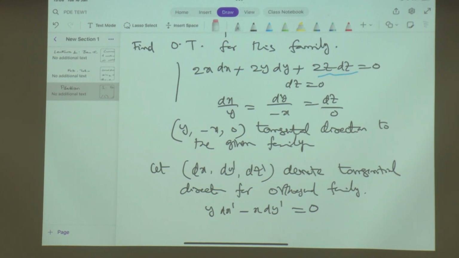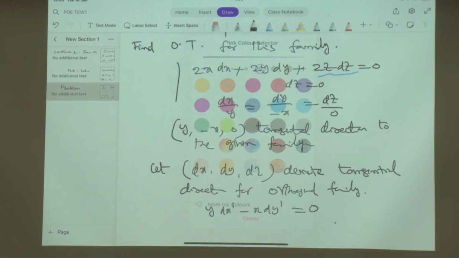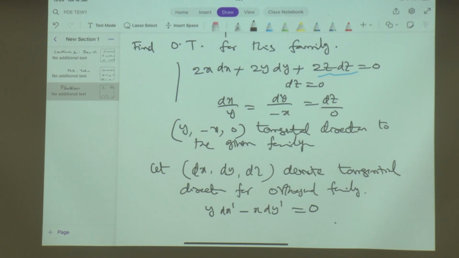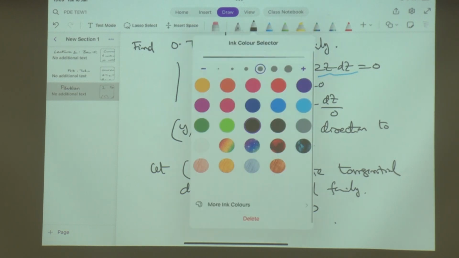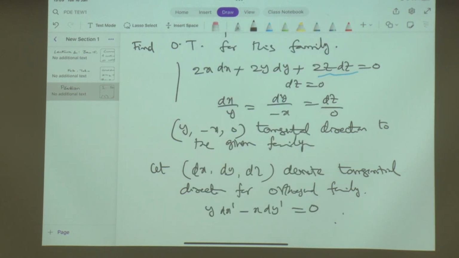So I erase this part. You see why I am removing this. So we have y dx minus x dy equal to 0.